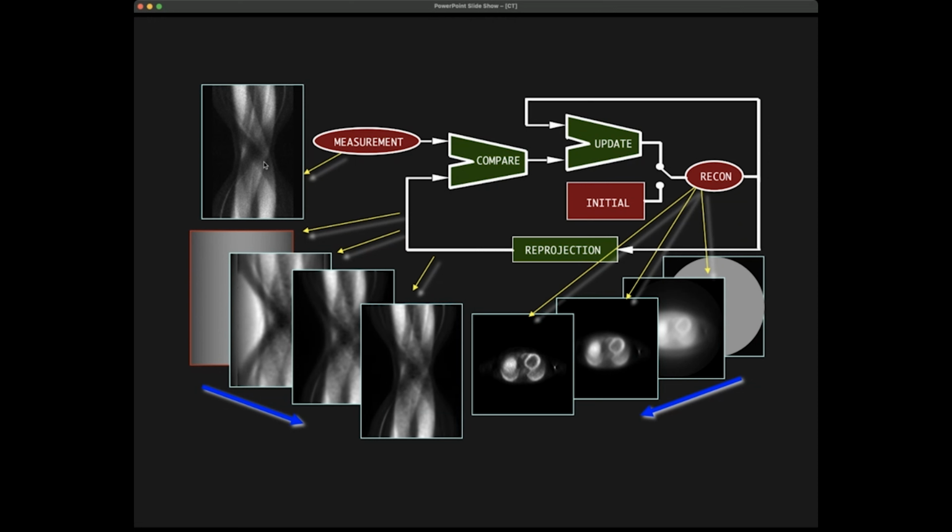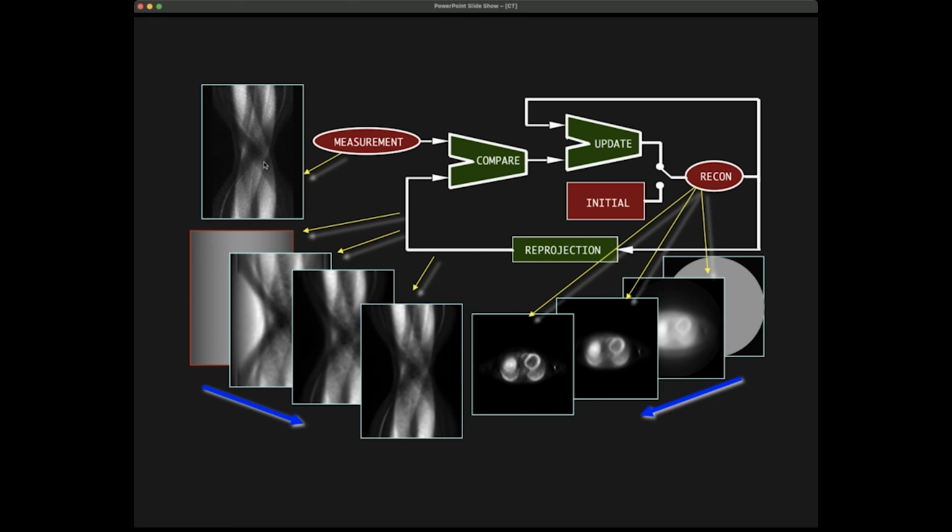Then we have the theoretically correct Fourier-based version, where we have problems in the calculation in some ways, especially the interpolation from polar to Cartesian coordinates is potentially a problem, but with filtered back projection, we can manage that.